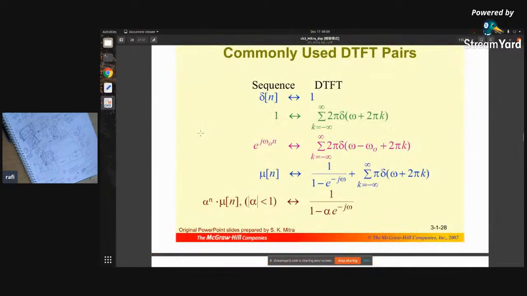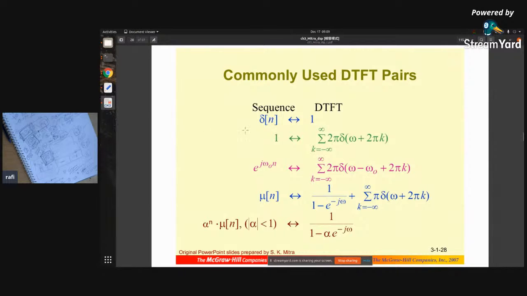So these are the most commonly used DTFT pairs. As you said, delta of n has DTFT 1, and 1 has the DTFT 2 pi delta of omega, but he has written it for omega belonging to the range minus infinity to plus infinity.